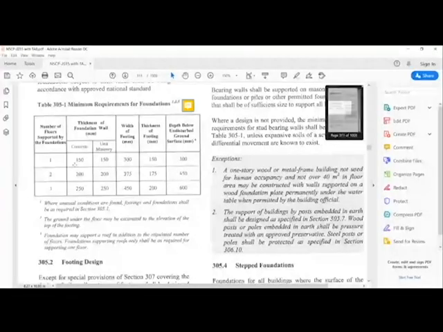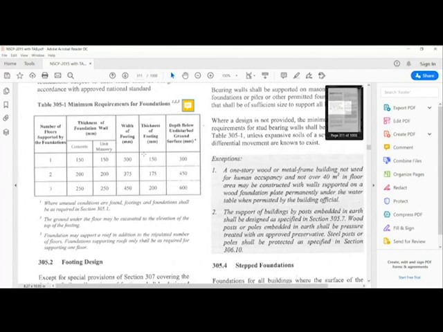Okay, so from our code, the minimum thickness of our footing is somewhat dependent on the number of floors of our building.